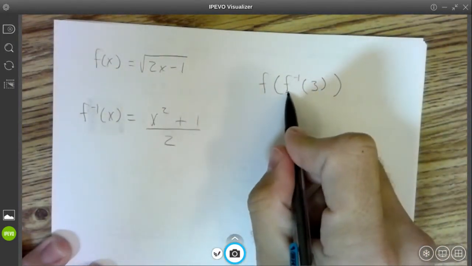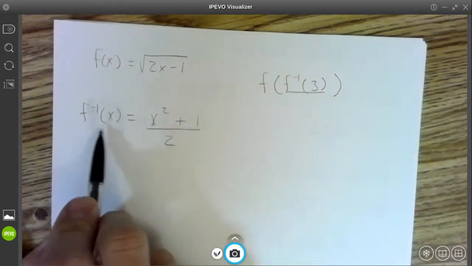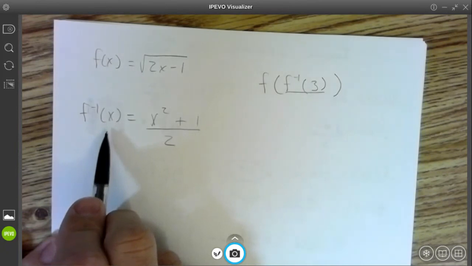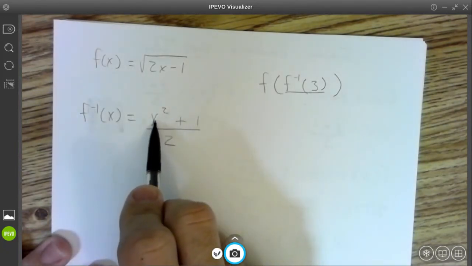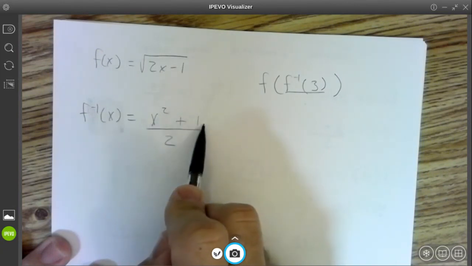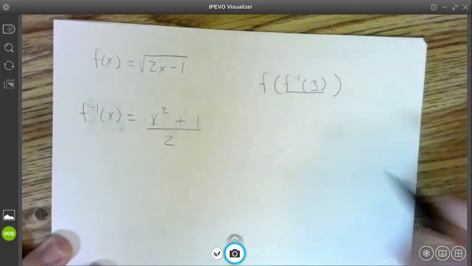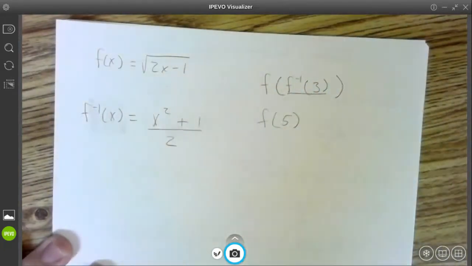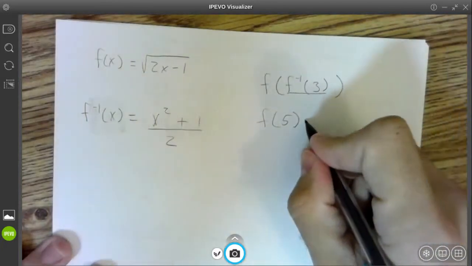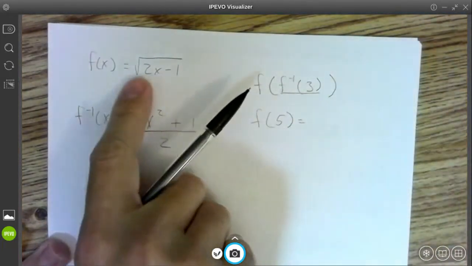So I've got to do f inverse of 3 first. So I'm going to go to my f inverse function. This is going to be 3 squared, which is 9, and then 9 plus 1, which is 10, and then it's going to be 10 divided by 2. So what I wind up with is 5. Now to work out f of 5, I go up to my f function.